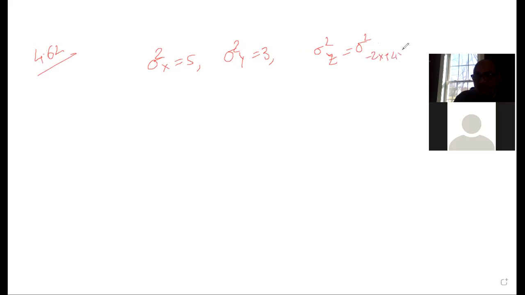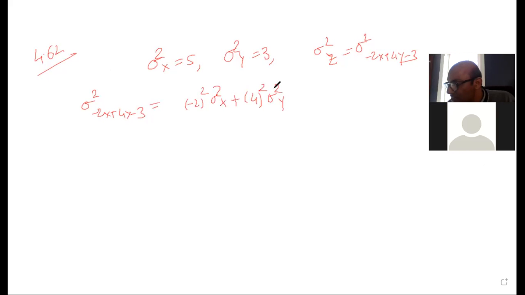Okay, so this can be written as, look over here, sigma square of negative 2X plus 4Y minus 3 is equal to negative 2 square sigma square of X plus 4 square sigma square of Y.